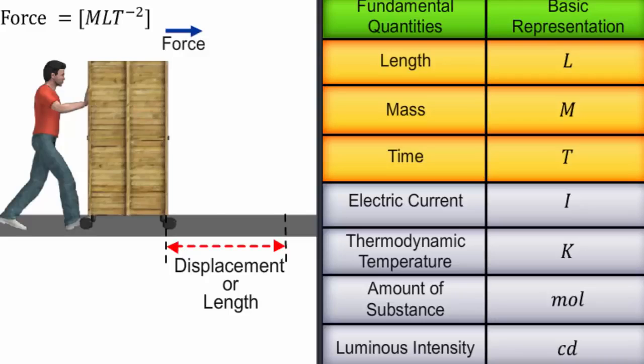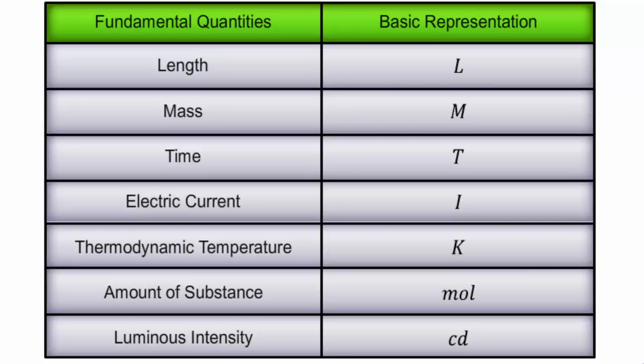Thus, we can say that the dimensions of all the other 4 base quantities in the expression for force are equal to 0. In mechanics, most derived quantities are related to only the 3 base quantities of the 7, namely mass, length, and time.